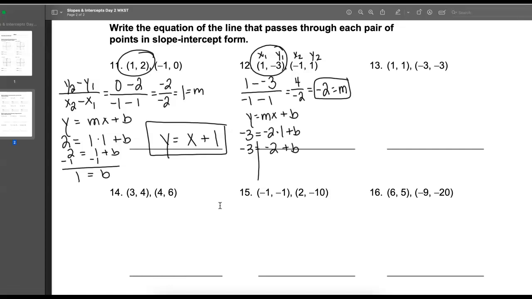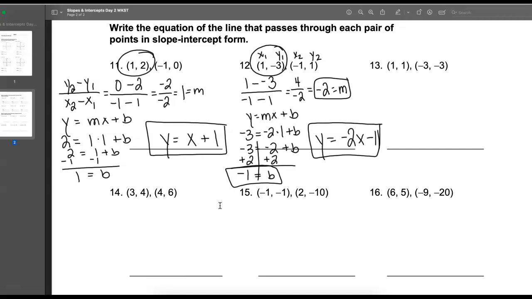How do I get rid of the negative 2? Add 2. So we have negative 1 equals b. So now our equation is y equals negative 2x minus 1.